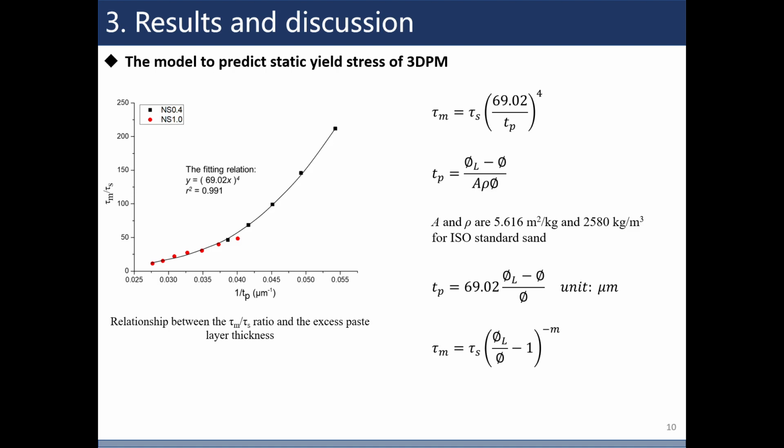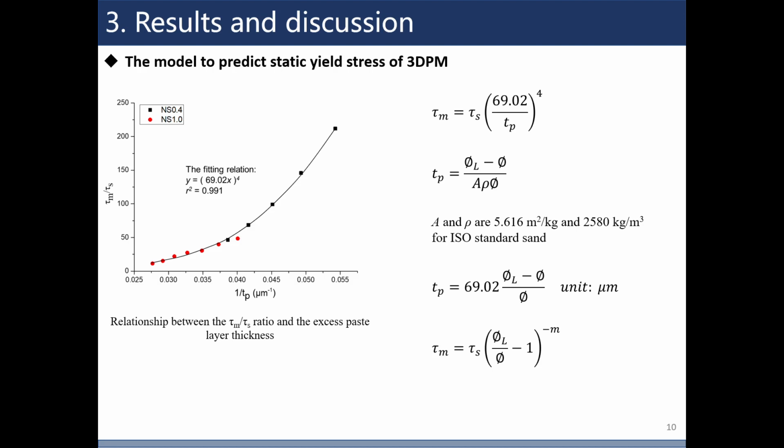Given the excess paste layer thickness plays an important role in impacting the yield stress of mortar, the thickness of excess paste layer was selected instead of aggregate content as a vital parameter for investigating the influence of aggregate on the yield stress of mortar.